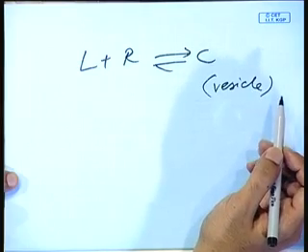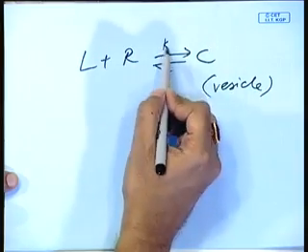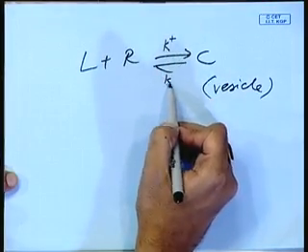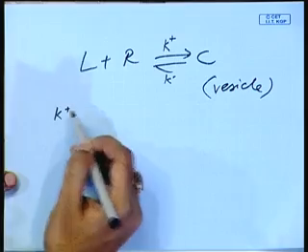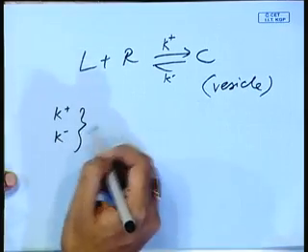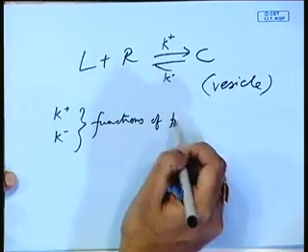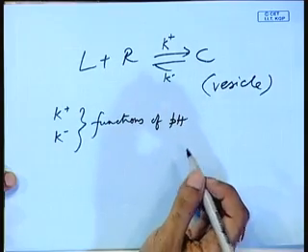The coated vesicle gets uncoated, and you have the complex. But remember, you have this K plus, let us call this, and let us call this K minus. So, you have these two rate constants, and K plus and K minus are functions of temperature also and pH, but here pH is what is important.